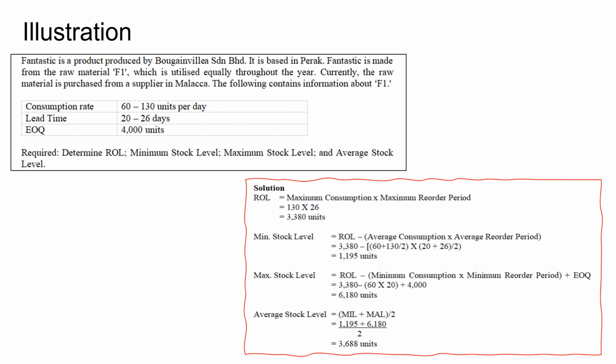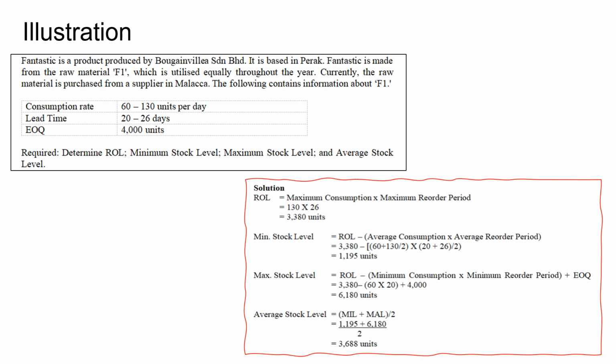So this is the consumption rate. These are the range of the consumption per day. You will use from 60 up to 130 units. So this is the minimum consumption and 130 is the maximum consumption per day. The lead time, remember, as I told you, refers to the length of time between the purchase made and the order received.